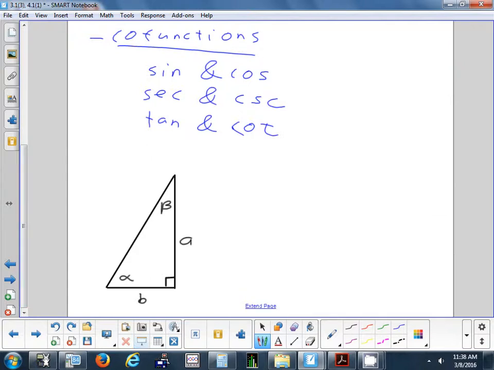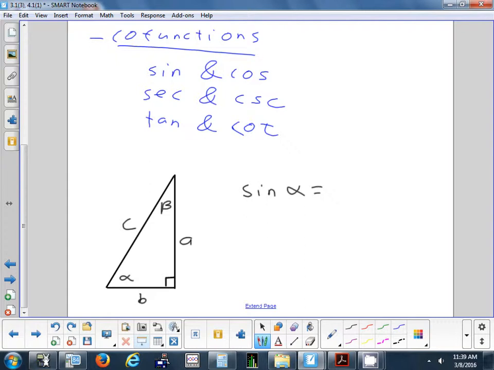Now I'm going to look at this triangle and write down some of my trig functions. Let's start with the sine of alpha. It's not going to be numbers this time, just letters.